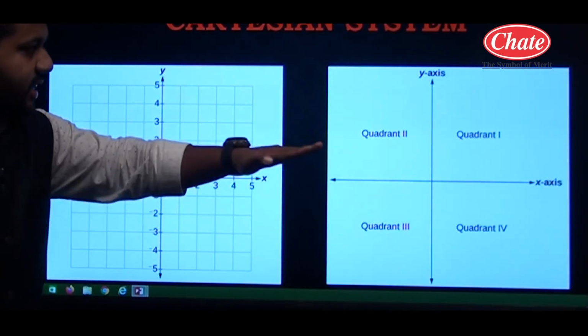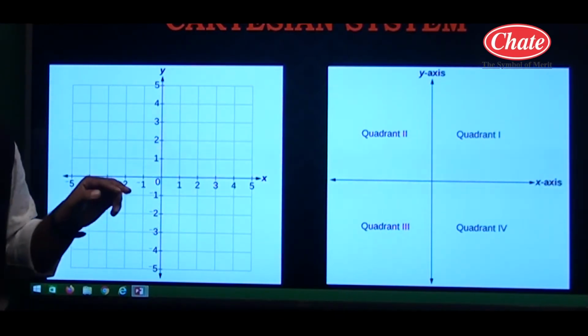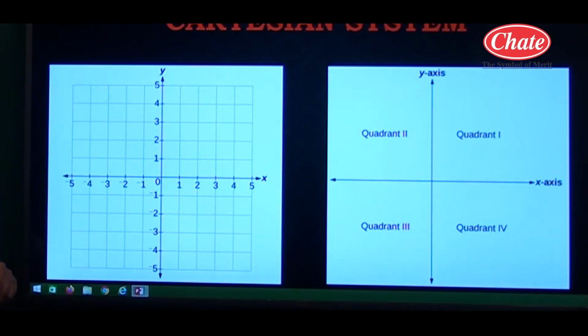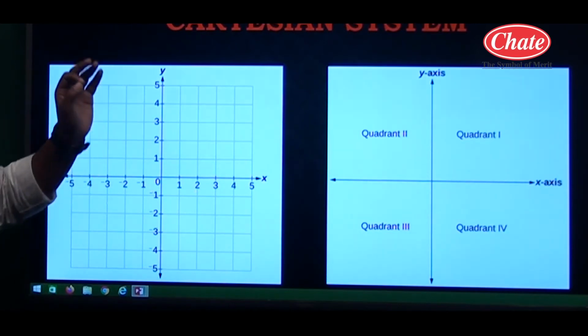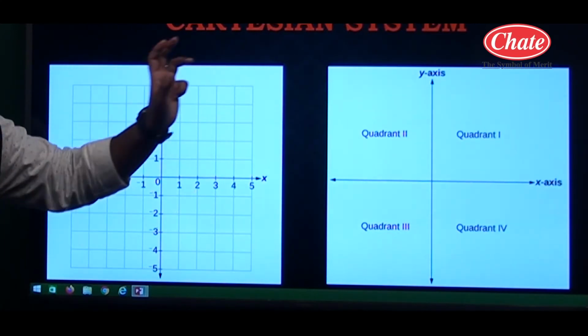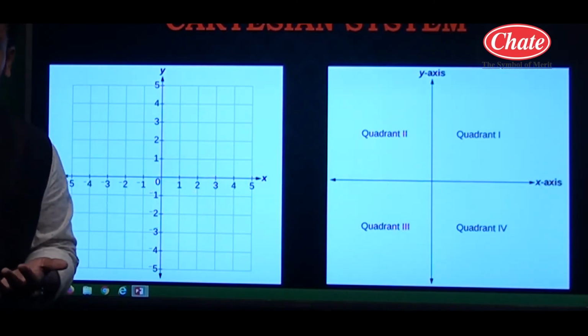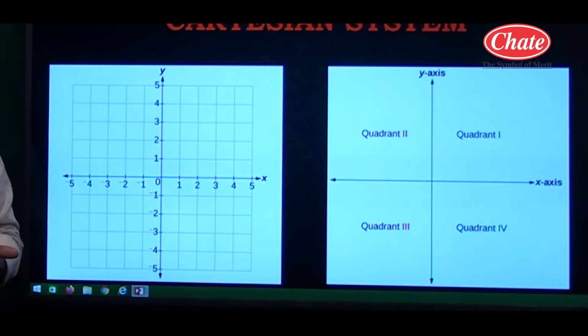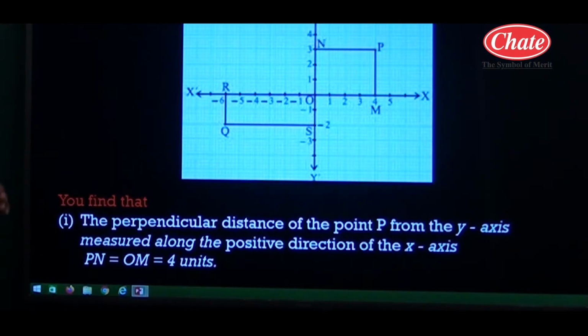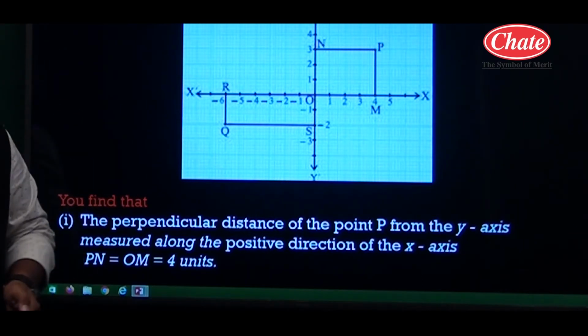These quadrants start from OX. Since the quadrants and the axes are present, we call it the Cartesian plane, coordinate plane or XY plane.